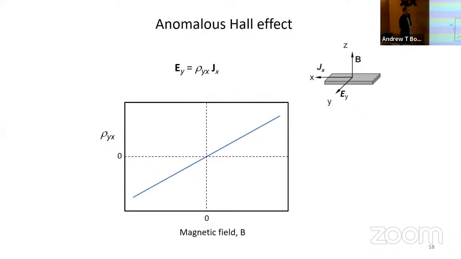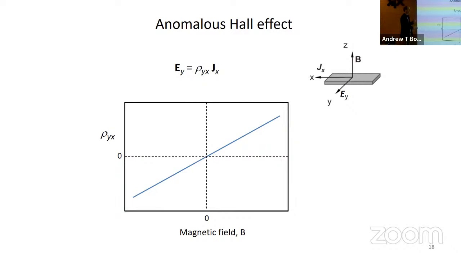So in case there aren't any aficionados of Hall effect, the normal Hall effect you all know about is where you pass a current along a rectangular bar in some direction like this, and you apply a perpendicular magnetic field, and then what you measure is a voltage perpendicular to both the current and the magnetic field.